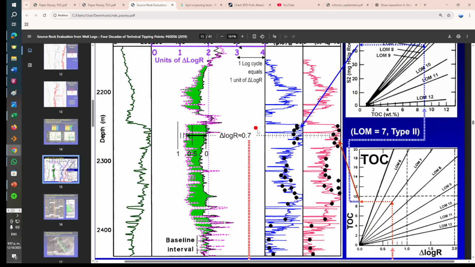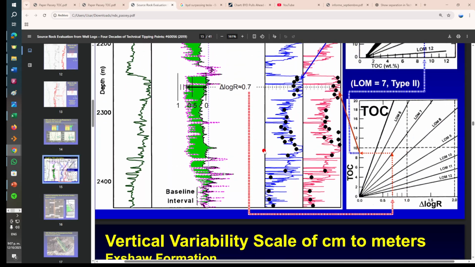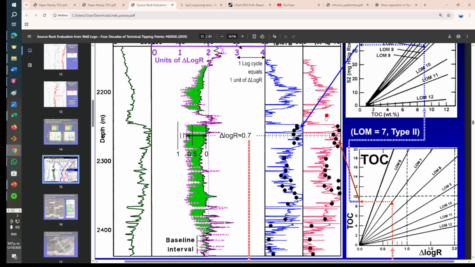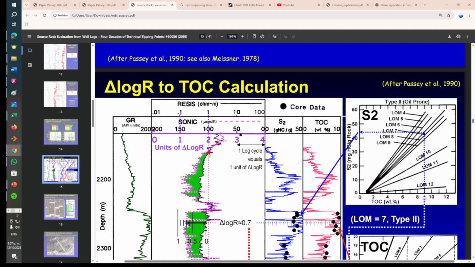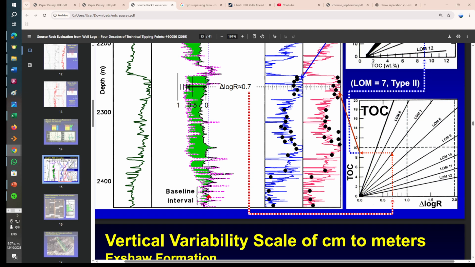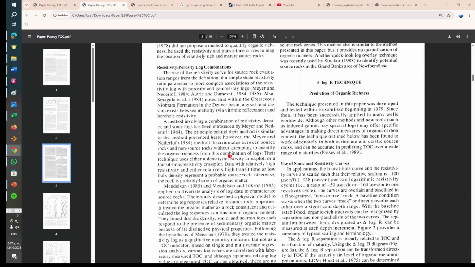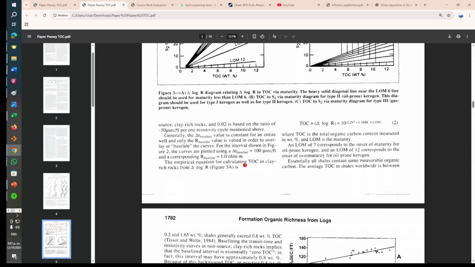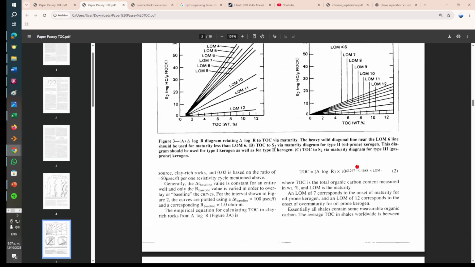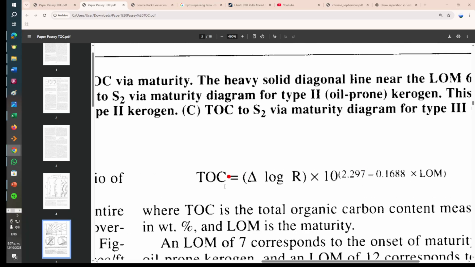Okay, so basically in petrophysical software, you upload the two curves, you adjust the scales, and then you calibrate, and you apply the formula. The formula that we use for calculating TOC according to the delta log distance is this one. So TOC is equal to delta log, which is the separation distance, and here we have LOM, which is the maturity of the rock.